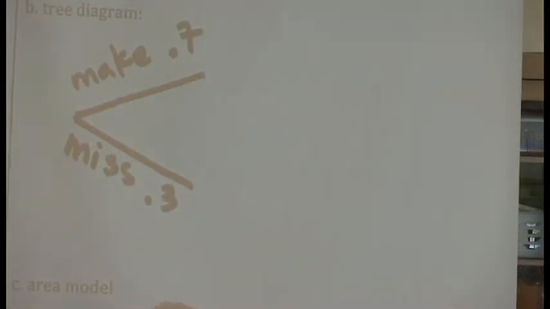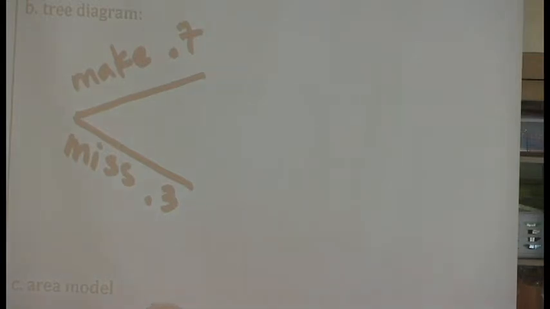Model number 1. Let's say I want to do a tree diagram. Here's my choice. Rimshot is either going to make it, that's 0.7, right? Or he's going to miss it. So if make it was 0.7, miss it is how much? 0.3. Because they're going to total 1.